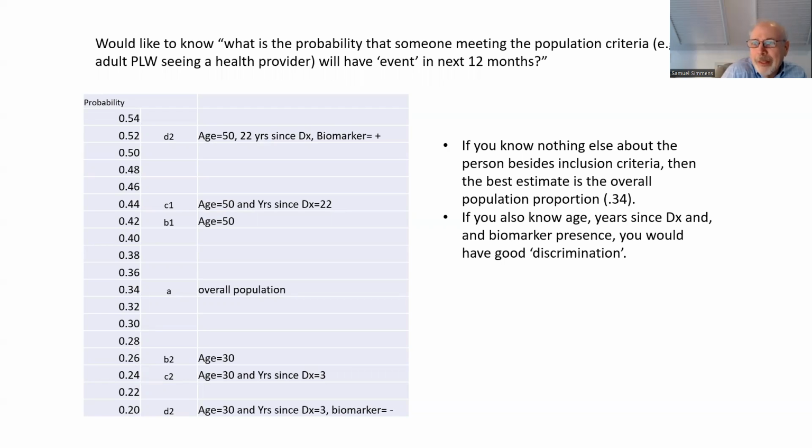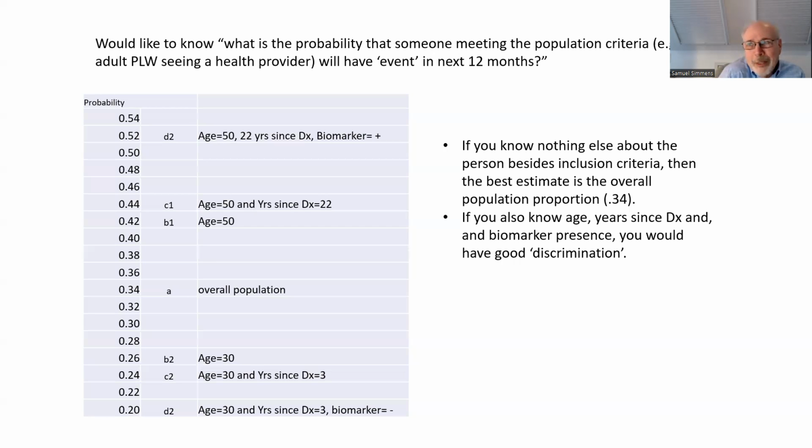In that second column, you'll see the A. Think of that as model A. All you knew about that population was that 34% of the people in that population had the event. That would be your best guess as to the probability that a person at random from the population in the future is going to have that event in 12 months.